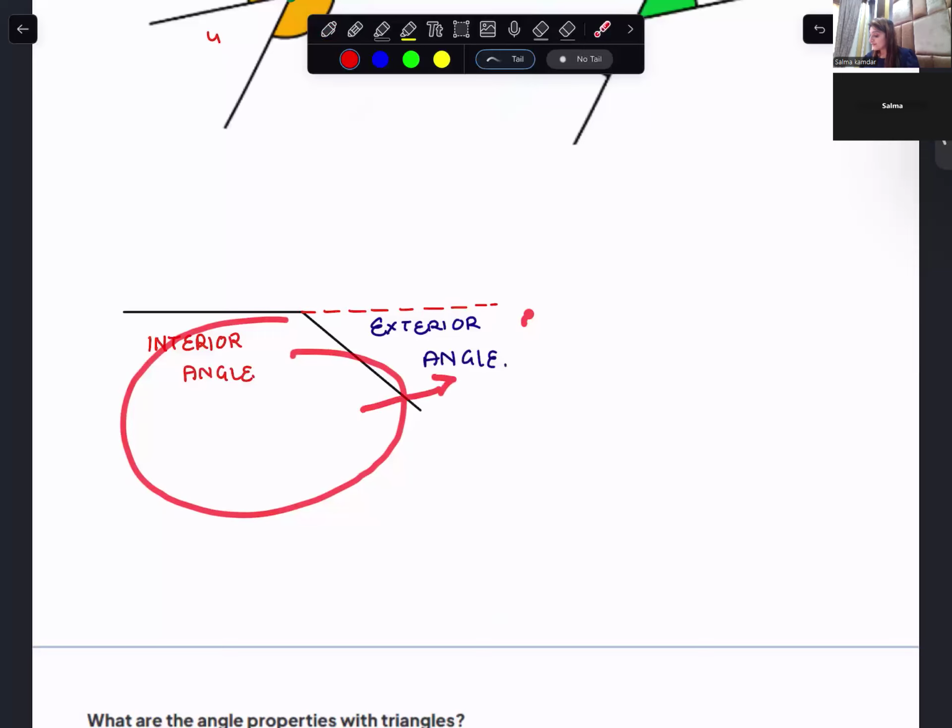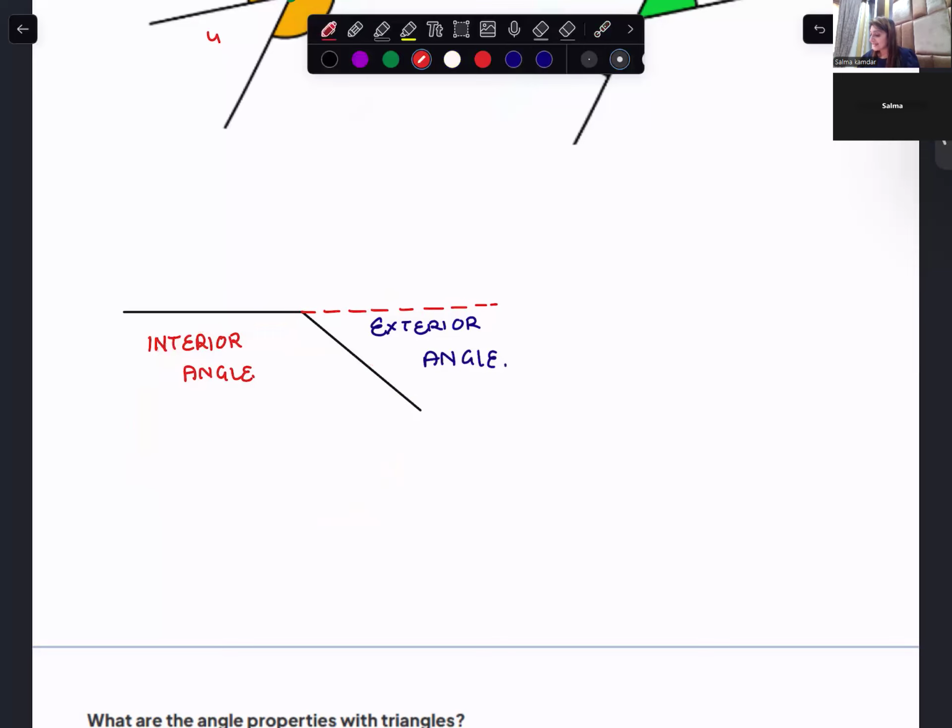What is outside the figure is called an exterior angle. And angles that meet at a straight line, that means this angle, which is angle A, and this angle, which is angle B, so I would say angle A plus angle B would sum up to 180 degrees.